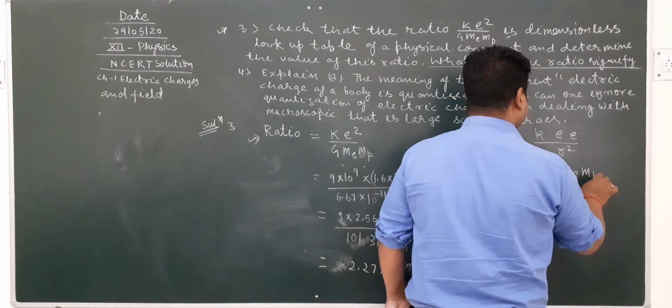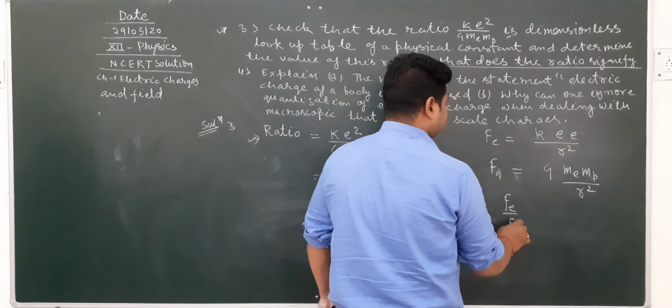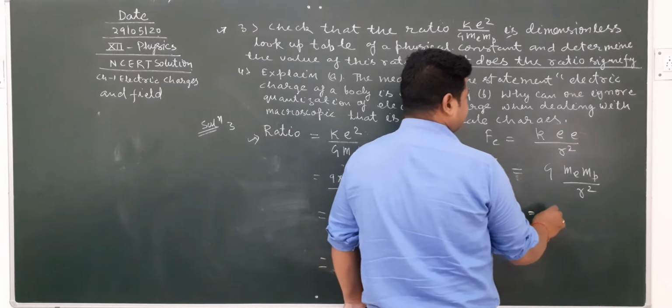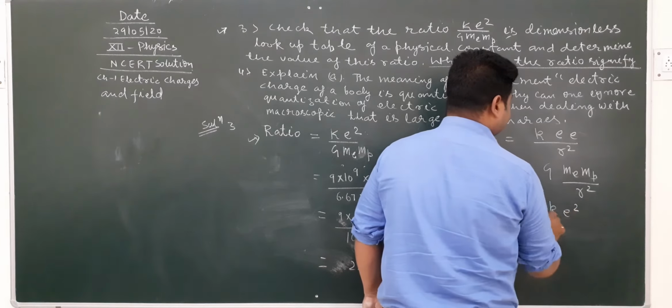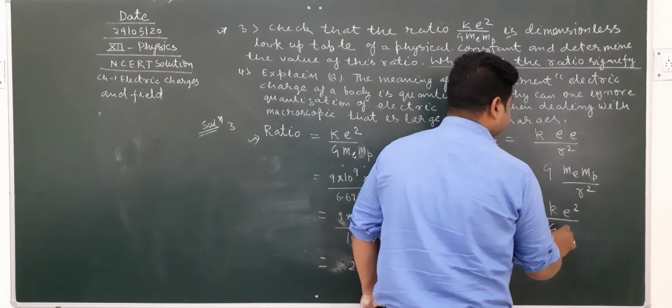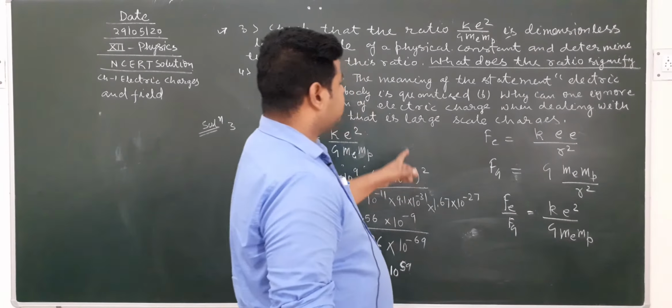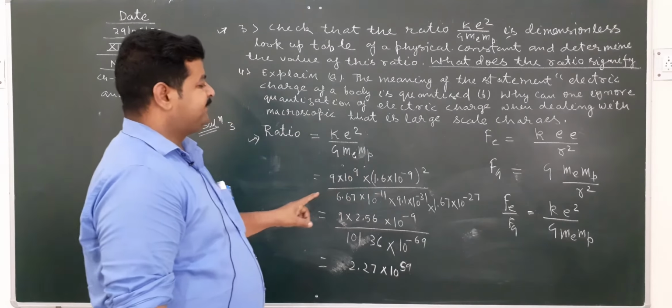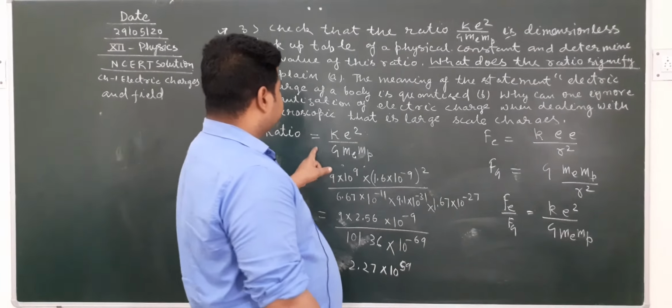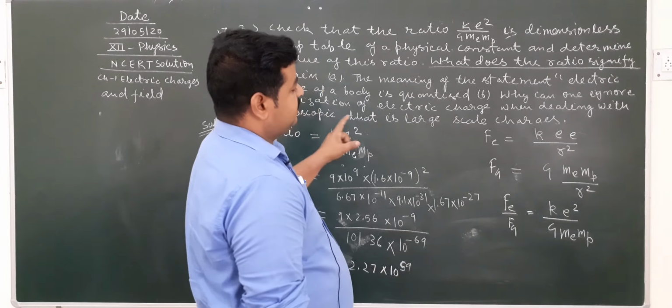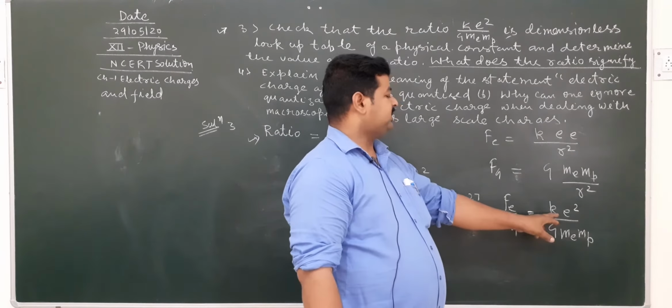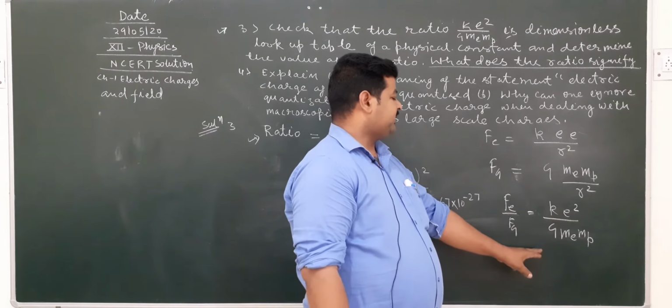After dividing these two forces, we get K e square upon G Me Mp. Clear? So this is the ratio. The ratio signifies that it is the ratio of electric force between electron and proton and gravitational force between electron and proton.